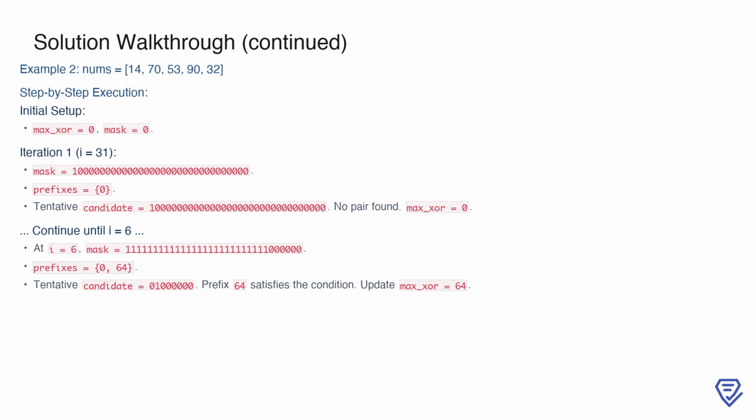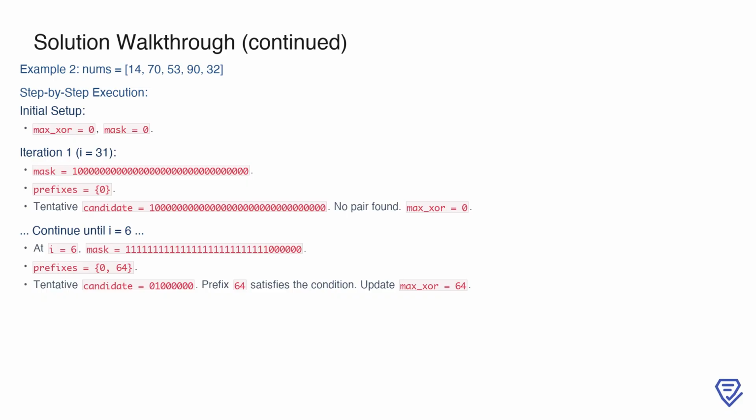70, 53, 90, 32. We start with max_XOR set to 0 and initialize mask to 0. As we progress from the most significant bit downwards, we observe that initially the set of prefixes remains 0 for several iterations, and no valid pairs are found to update max_XOR. However, when we reach i equal to 6, the mask is updated.